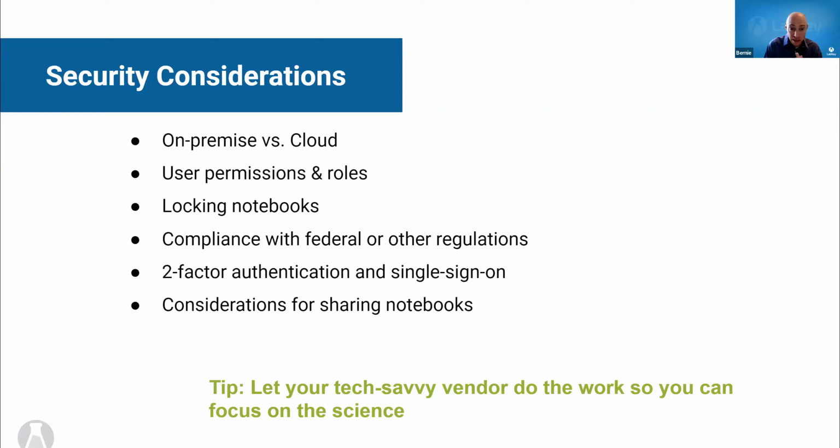Okay, a little more on compliance with federal and other regulations. Lots of groups need GxP compliance, 21 CFR Part 11 compliance. Specific business rules that your institution may have imposed. Or perhaps it's actually based on the way that you construct your contracts with clients.